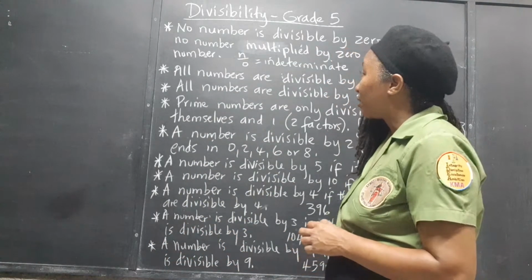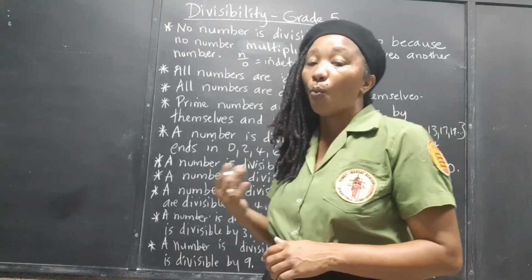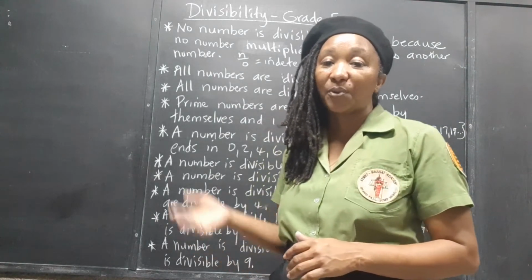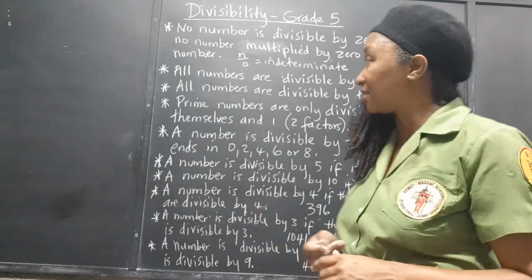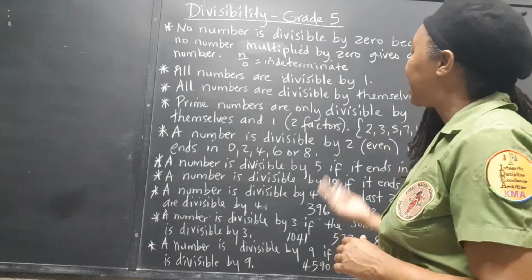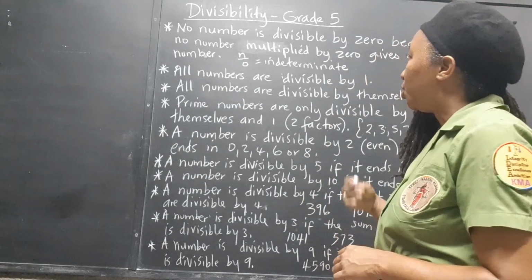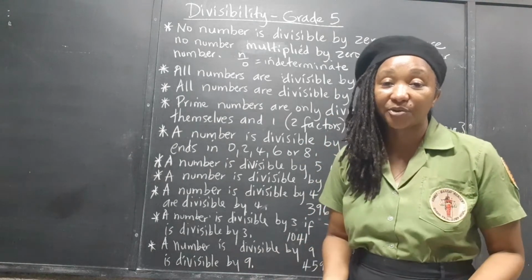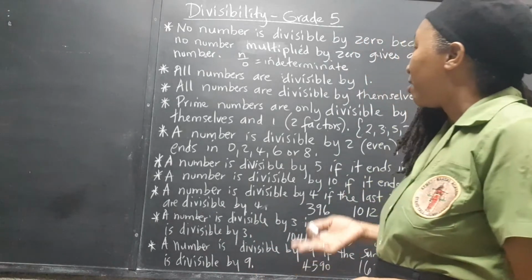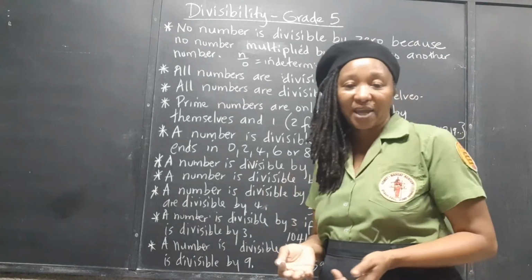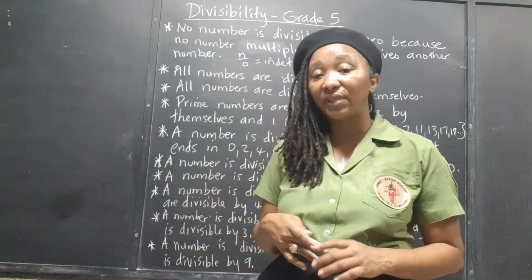So these are the clues that we use to decide what number we can divide into any given number, which numbers are factors of that number. So let's start with 0. No number is divisible by 0. We can't divide by 0 because when we divide by a number, we should be able to do the inverse and prove that it is true.